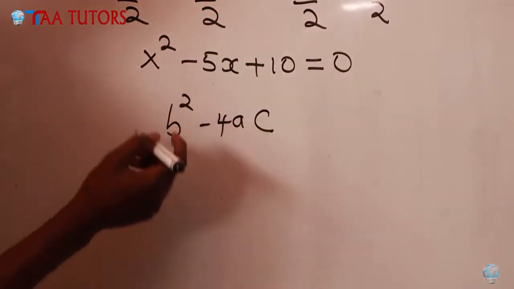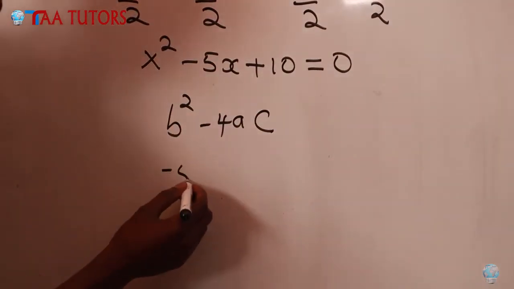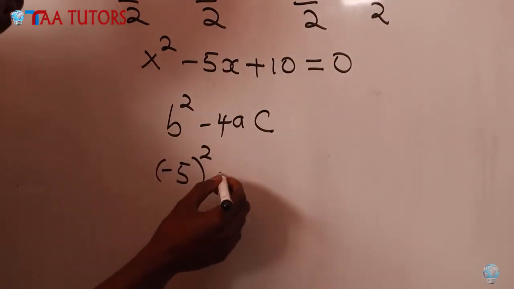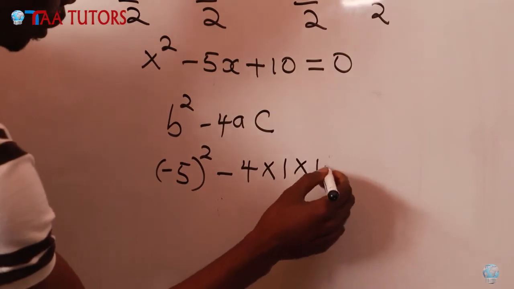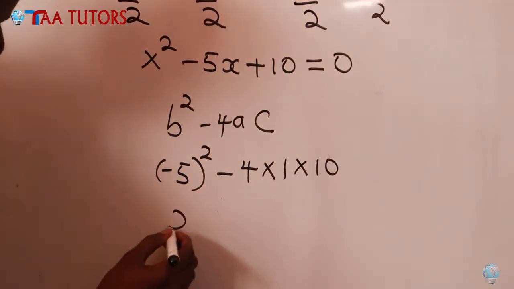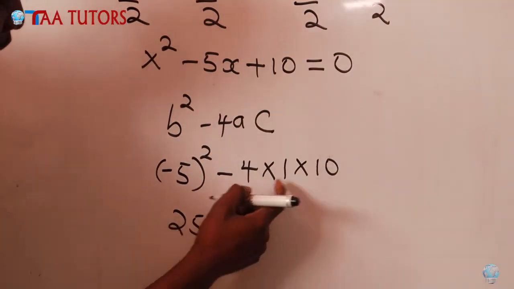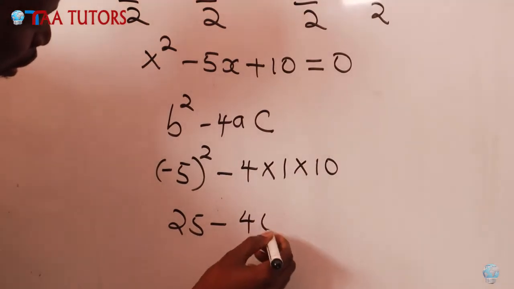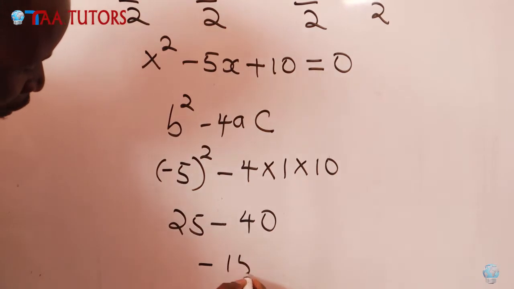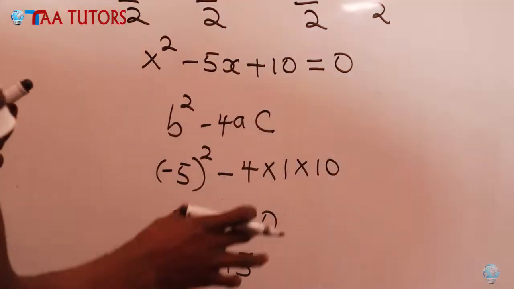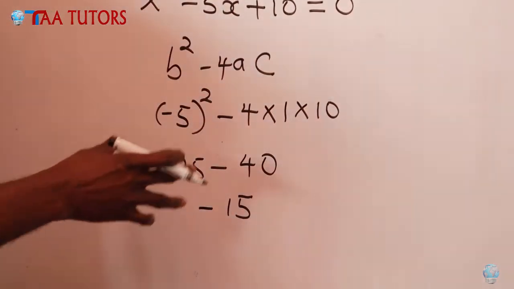We substitute b as negative 5 squared minus 4 times a, which is 1, times c, which is 10. What I'm going to get is 25 minus 40, and 25 minus 40 is negative 15. You realize the discriminant of this equation is negative 15.